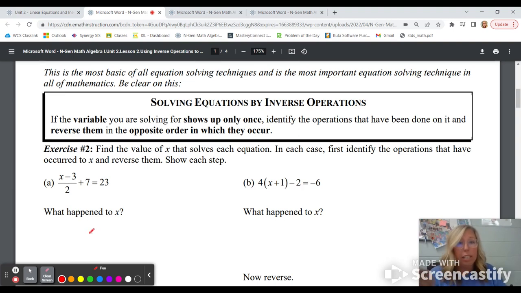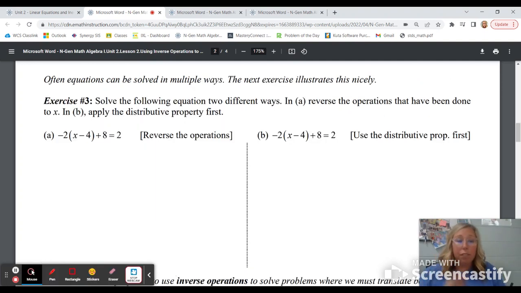I'm going to insert a question here and have you work these problems out on your notes to then put into the questions attached to this video. Okay, so you should be finished working the equations in exercise 2.